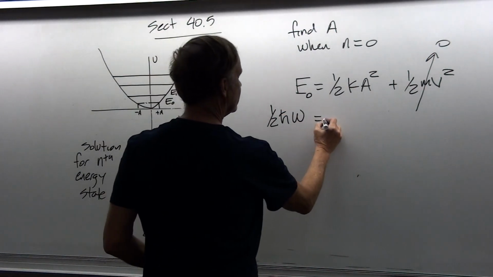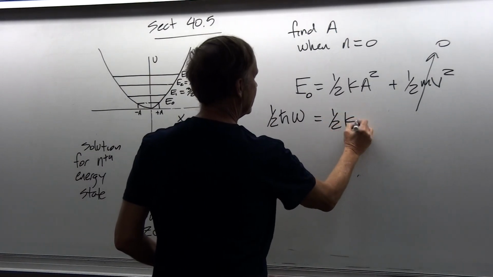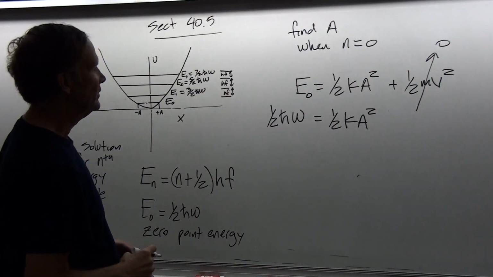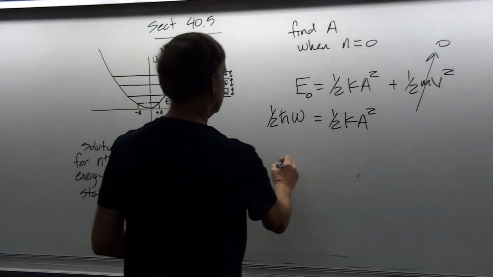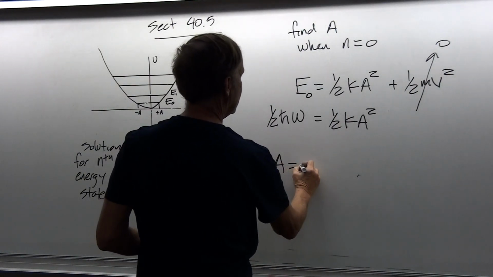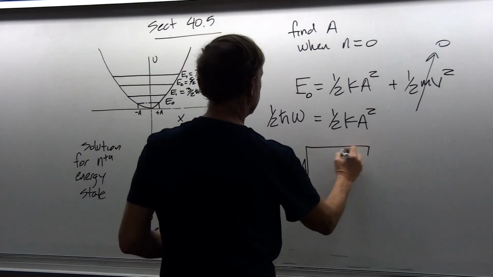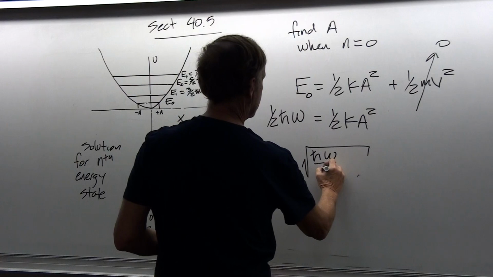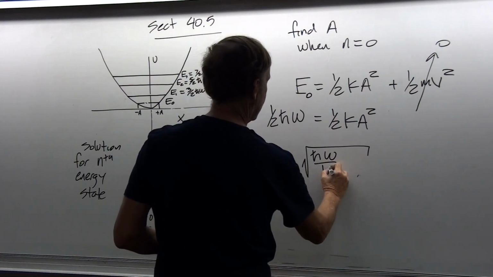And that's equal to 1/2 k A squared. Okay, so the 1/2s are going to cancel. So this gives us A is equal to the square root of h bar omega divided by k.